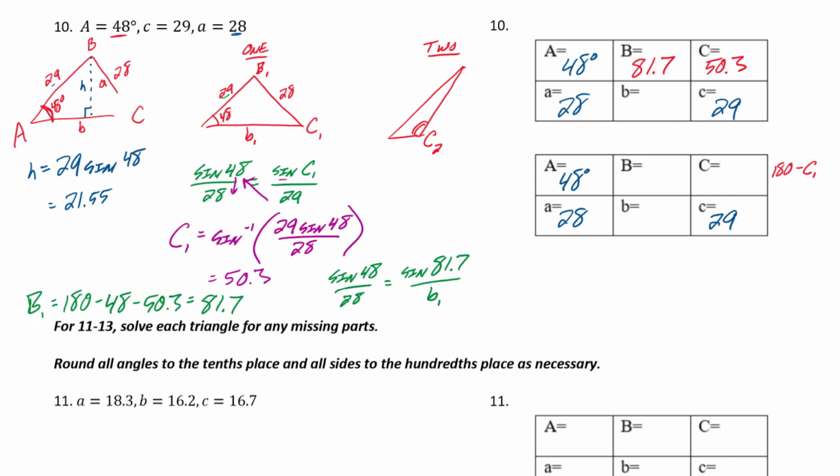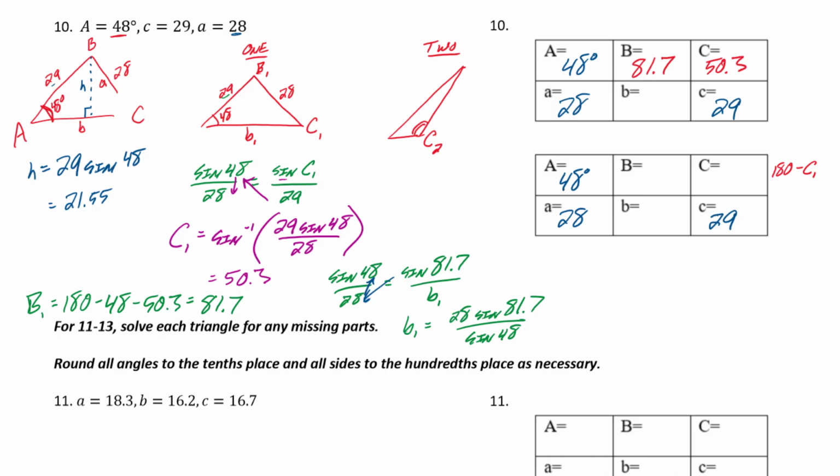So again, cross product and quotient, and I end up with B1 equaling 28 times sine of 81.7 all over sine of 48.